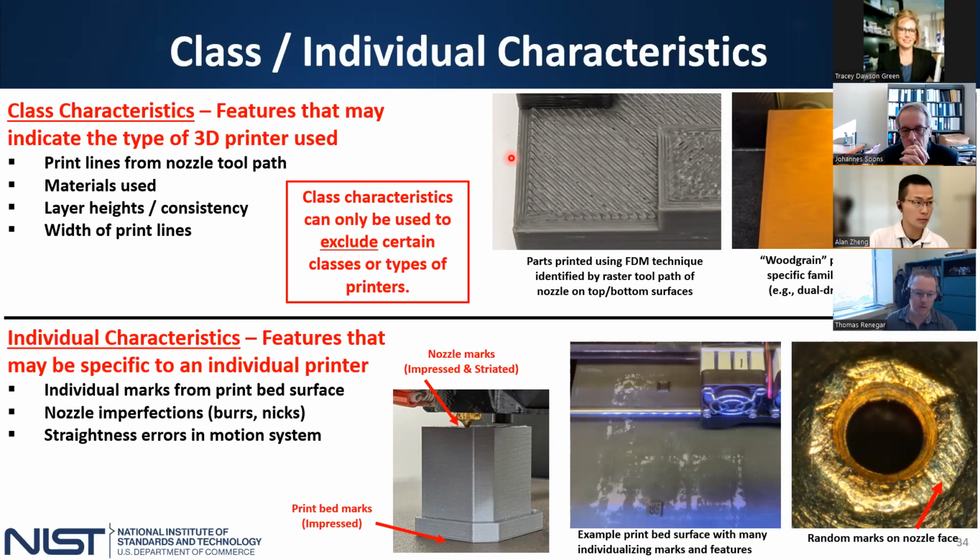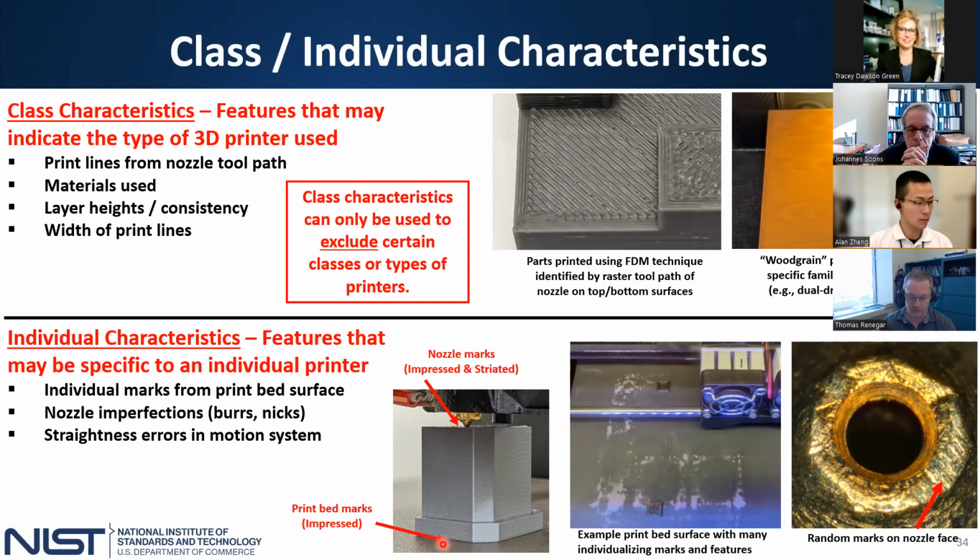But just as with firearm analysis, these are class characteristics, and they can only be used to exclude certain classes or types of printers. On the other hand, individual characteristics are features that may be specific to a particular printer. So that may tell you something about the specific printer that was used to produce a printed part. These can come from a variety of sources, one of which is the build plate or the print bed surface.